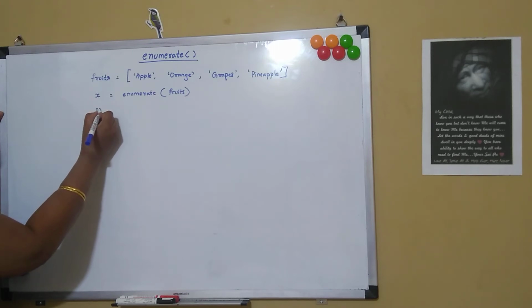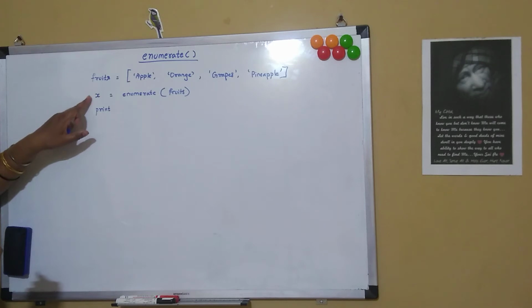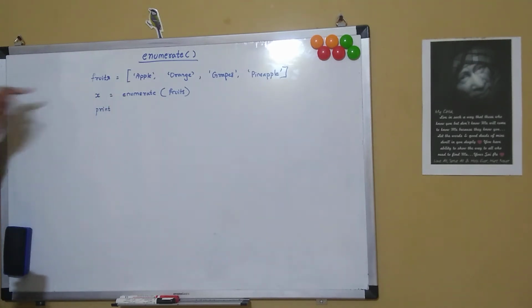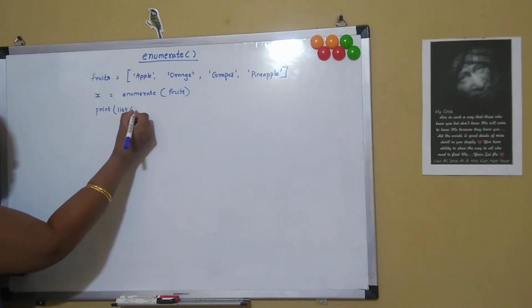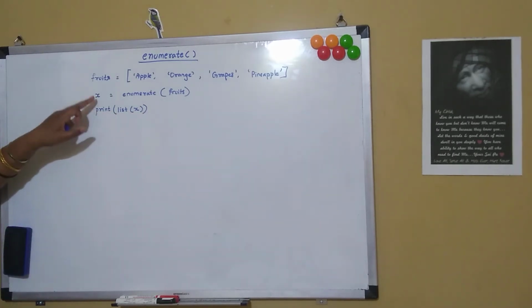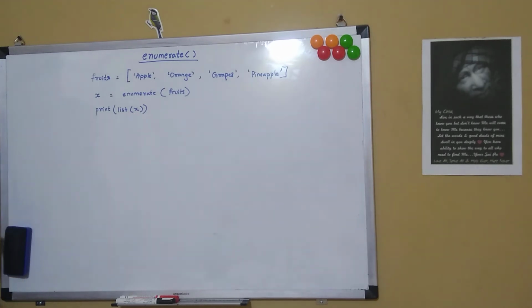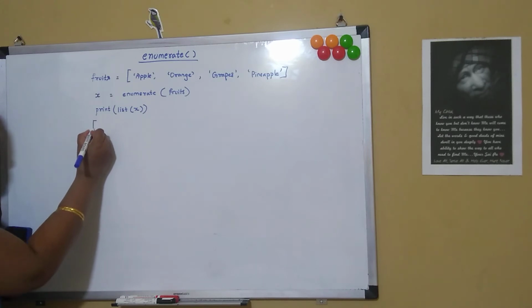Now if I print this, x will have an enumerate object, and if we say list of x, it will give the output in list format. So list of this particular enumerate object will give the output in list format.